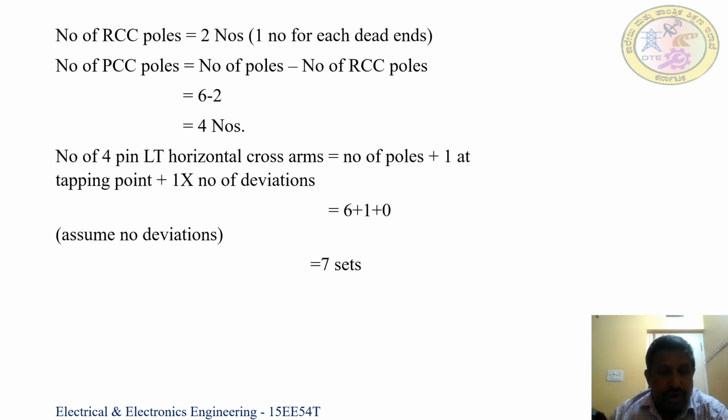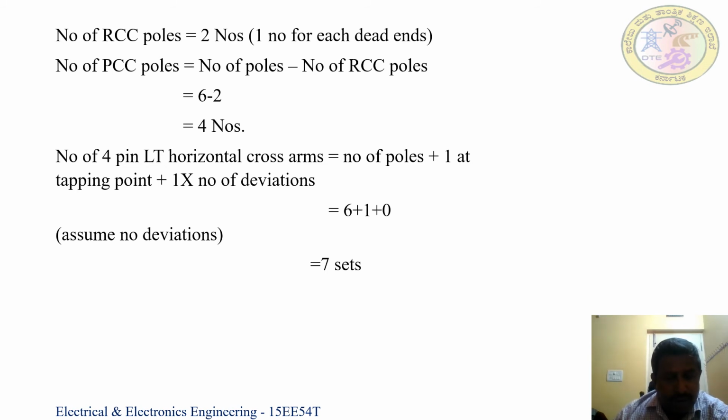Then number of RCC poles equal 2 numbers, 1 number for each dead end. Next item is number of PCC poles or intermediate poles equal number of poles minus number of RCC poles, that is 6 minus 2 equal 4 numbers.